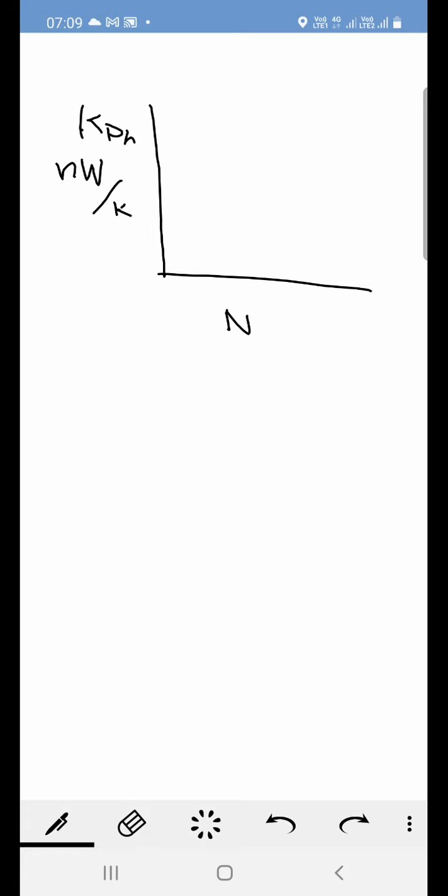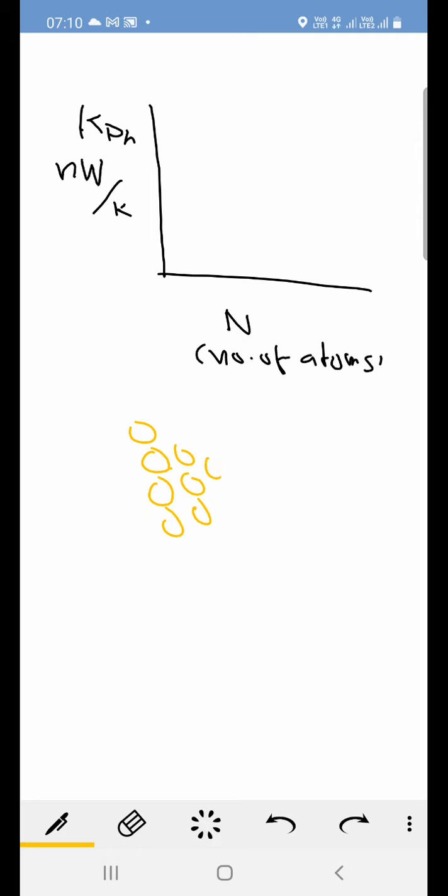Now plotting the phononic conductance, and the unit of this phononic conductance is nanowatt per Kelvin. So we plot it with the number of atoms n in the junction. These are the gold atoms arrangement.